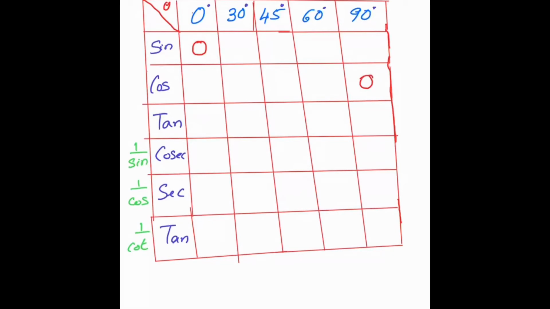Sine 0 is 0 and cos 90 is 0. Now cos 0 is 1 and sine 90 is 1. Now sine 30 is half and cos 60 is half.